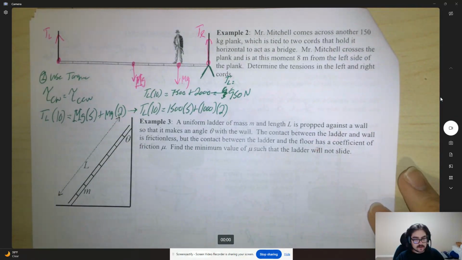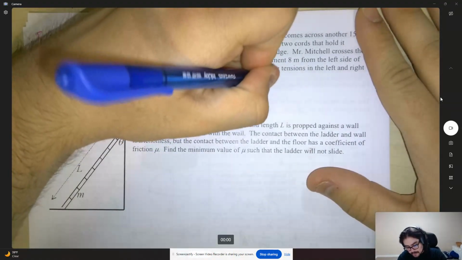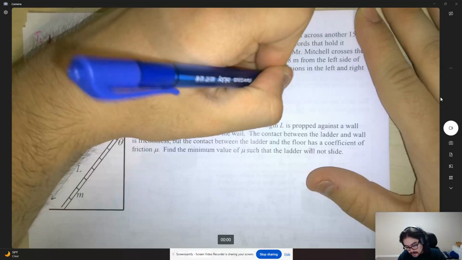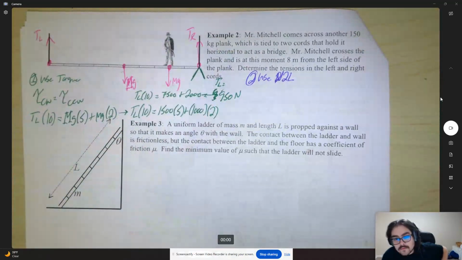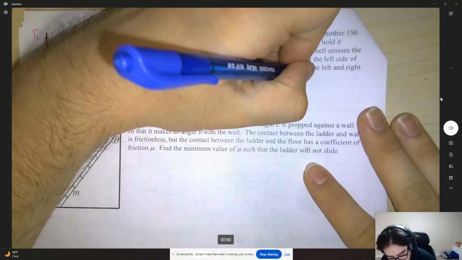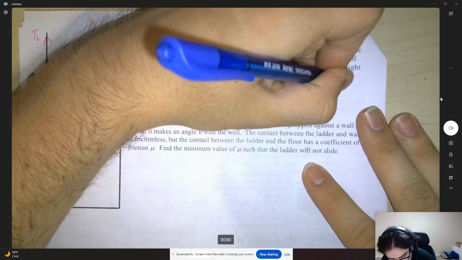And then the second part is that you have to use Newton's second law, N2L. When you use Newton's second law, you're just going to set the up forces equal to the down forces.